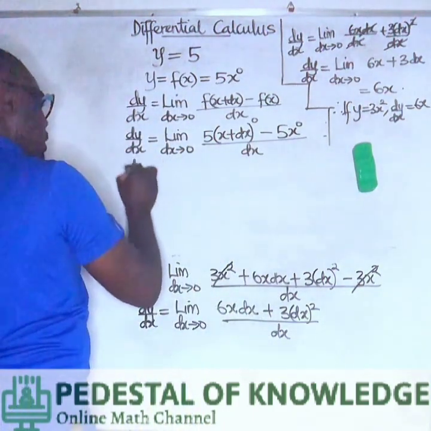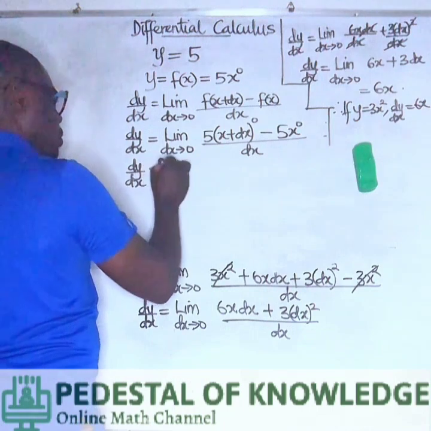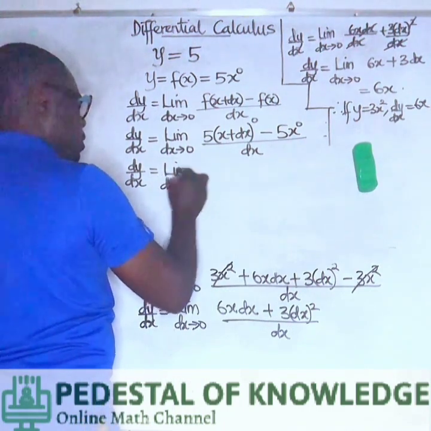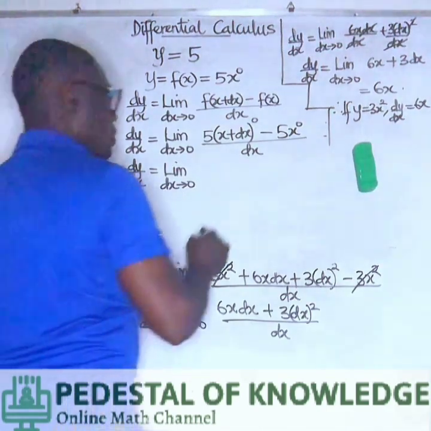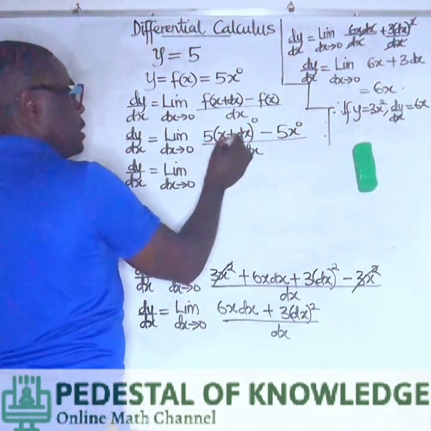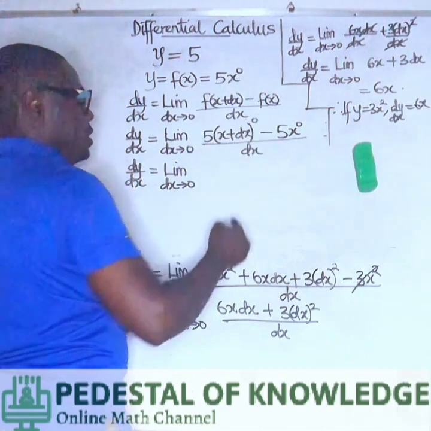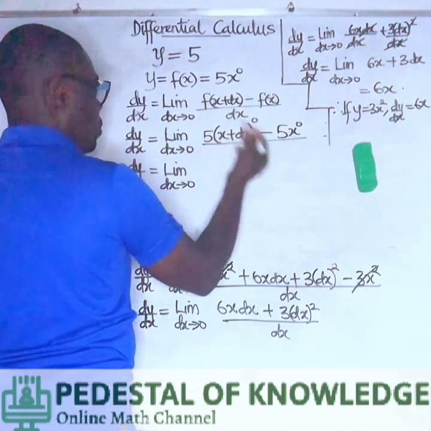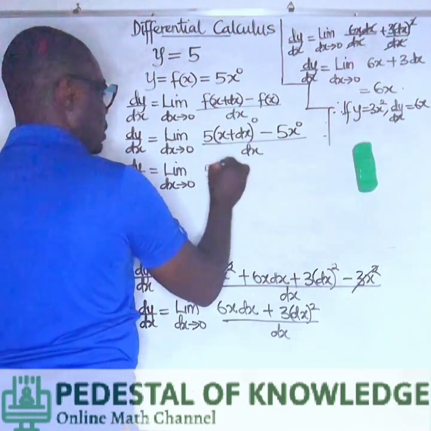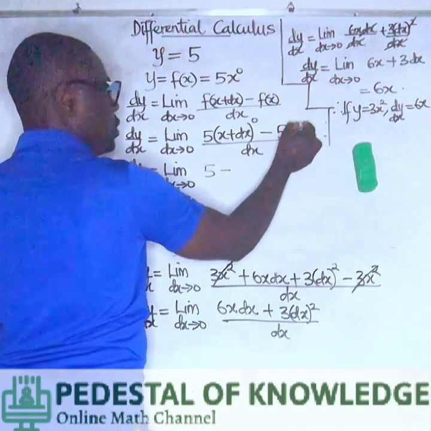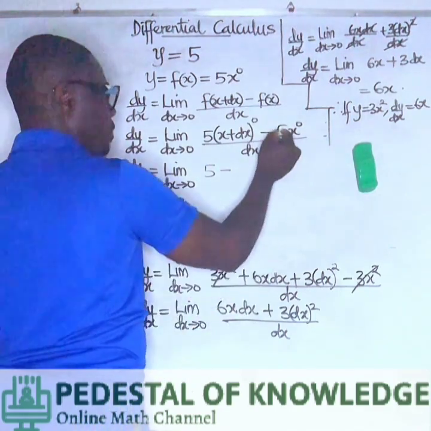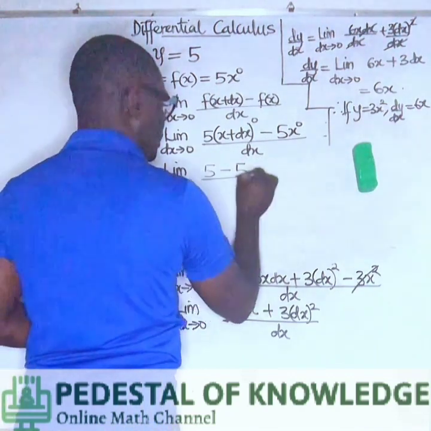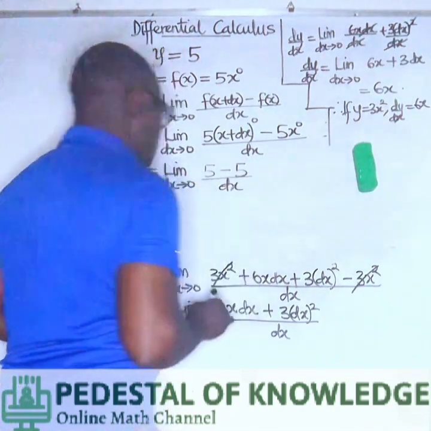And dy/dx is equal to the limiting value as dx approaches 0 of, because we know that (x plus dx) all raised to power 0 is equal to 1. Any number raised to power 0 is 1. So 5 times 1 is equal to 5. Then minus, here x raised to power 0 is equal to 1. 1 times 5 is equal to 5. Then divided by dx.